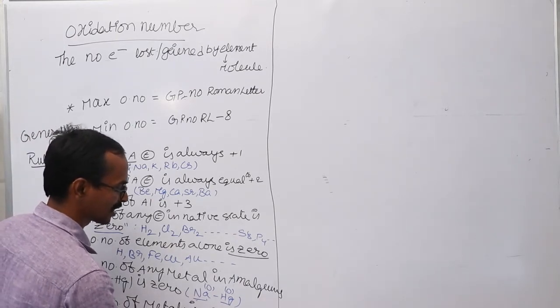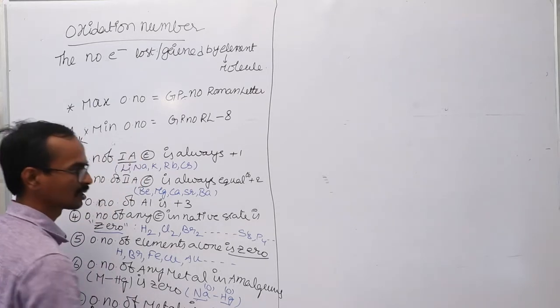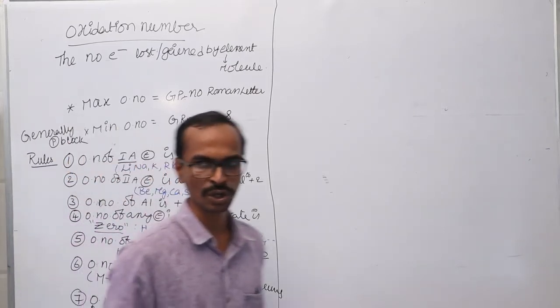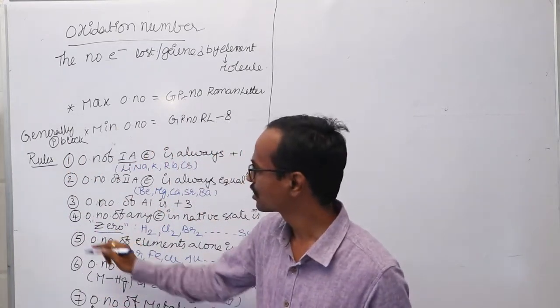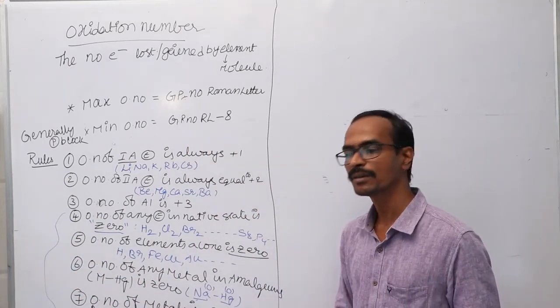Pentacarbonyl iron is given, Fe(CO)5, with CO taken 6 times. Here the iron oxidation state is 0. So these are the conditions where the oxidation number of elements will become 0.